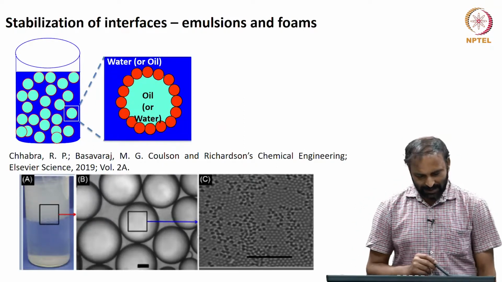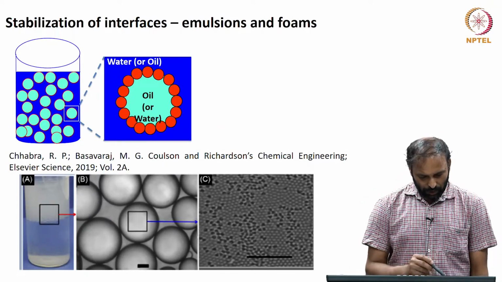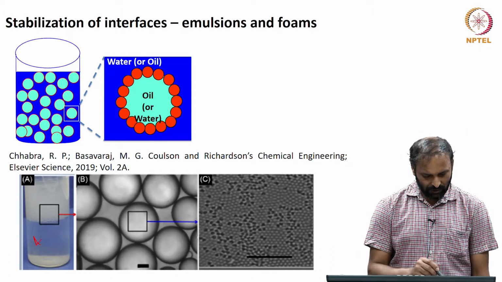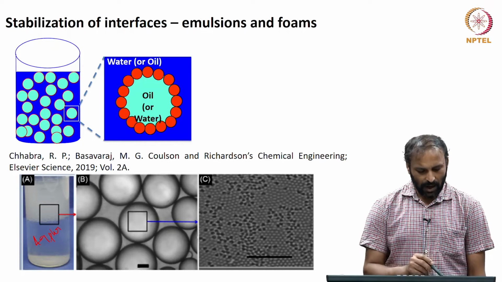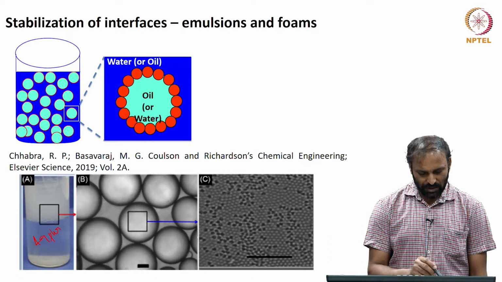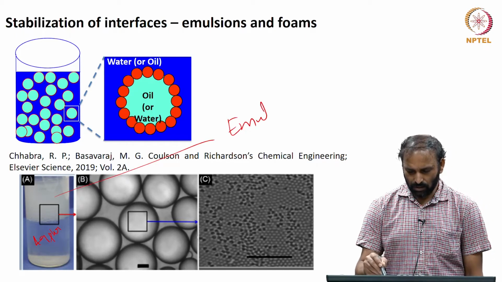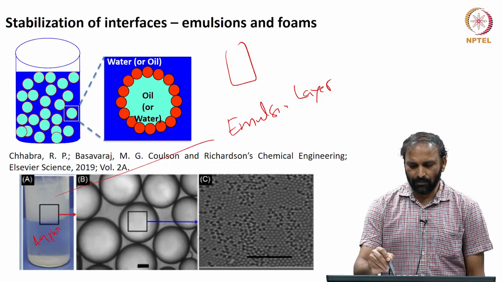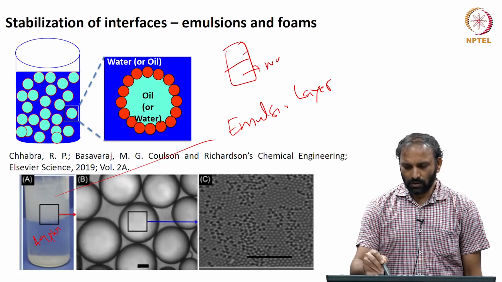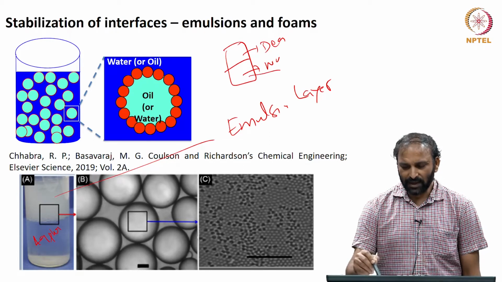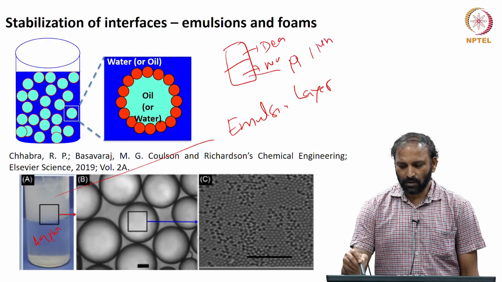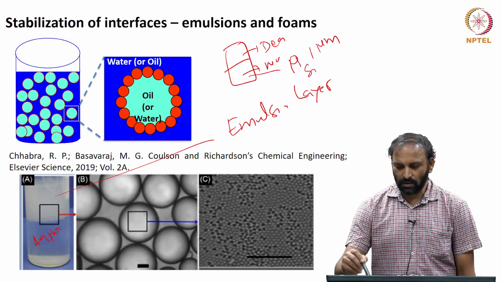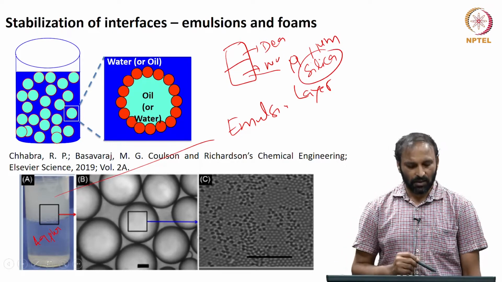In this example, this is the aqueous phase, and what you see at the top, which appears turbid, is an emulsion layer that has been created by taking water and decane, and what is also present in water is a 1 micrometer particle, and these are silica particles.